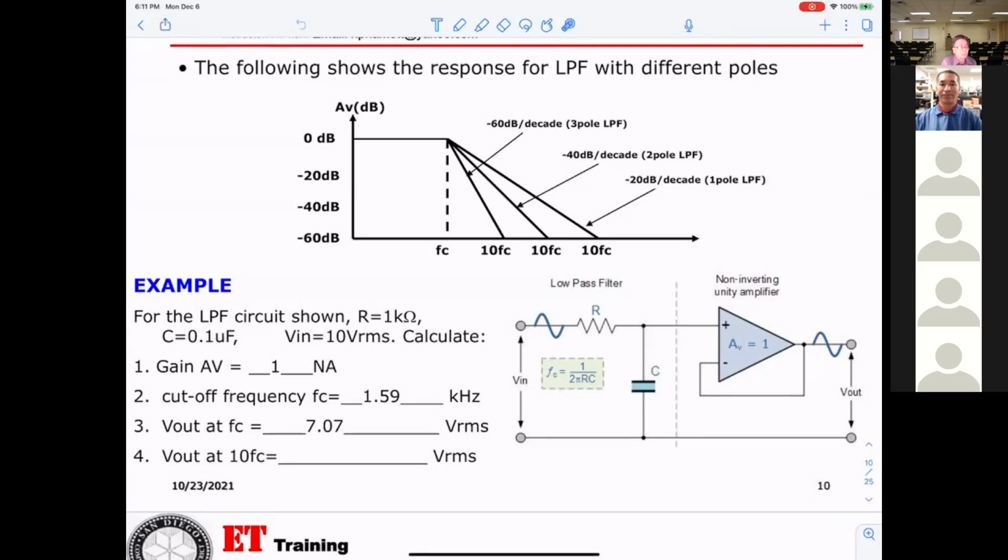And they want to calculate the V out at the cutoff frequency. V in is 10 volt RMS. At the cutoff, it goes down 3 dB, equivalent to 0.707. You take 10 volt times 0.707, and at the cutoff frequency the output will be 7.07 volt.